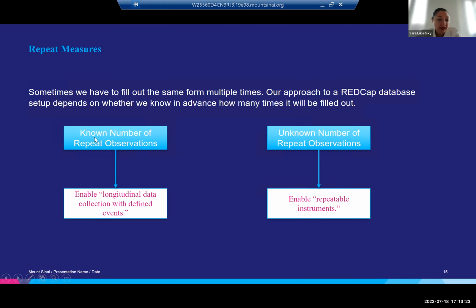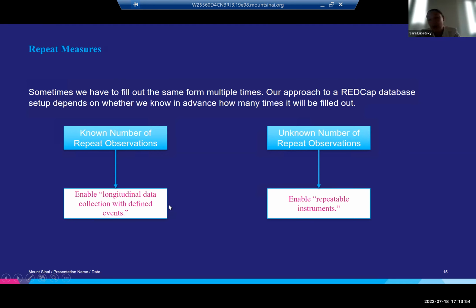So if we know in advance that we're going to have to ask this question at three separate time points, for example, we are asking about functional status at baseline, and then on a 6-month interview, and then on a 12-month interview, then we're going to use a feature in REDCap called longitudinal data collection with defined events.